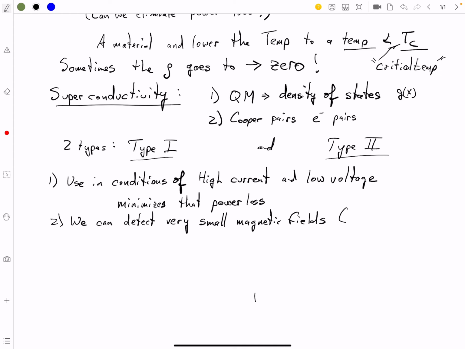How small could they be? I don't know what the world record is, but 10 to the minus 14 Teslas. Maybe they've done 10 to the minus 15, but at any rate, that's small. Okay, so we've got small magnetic fields.